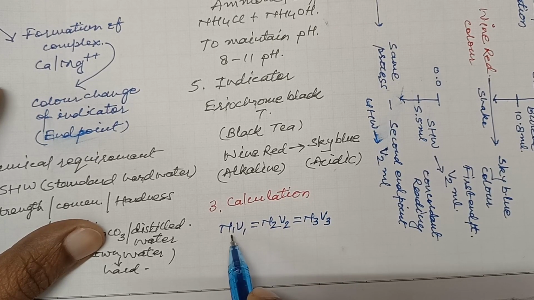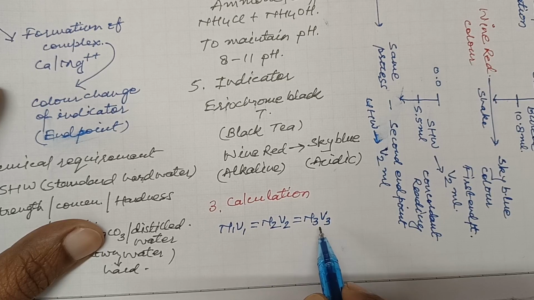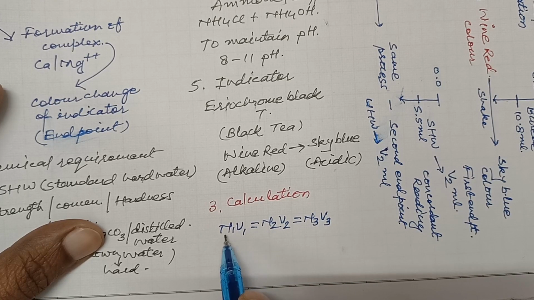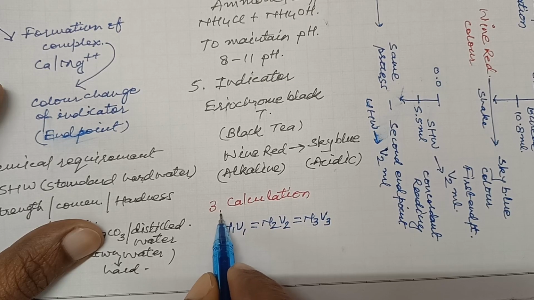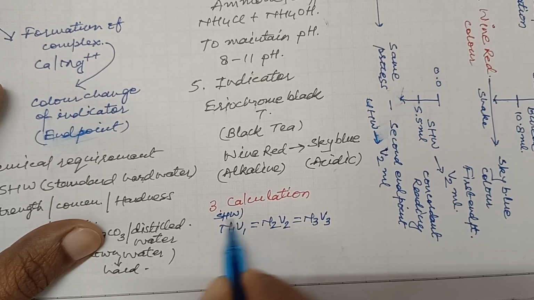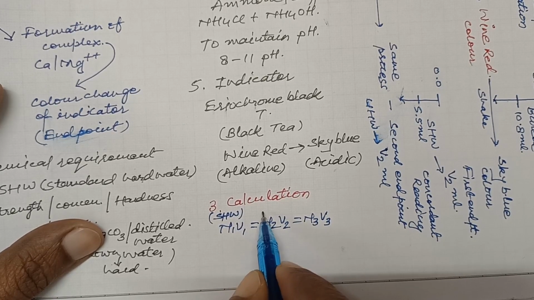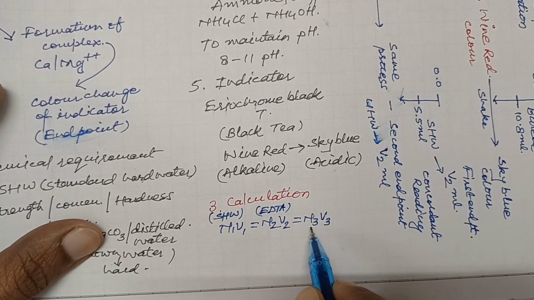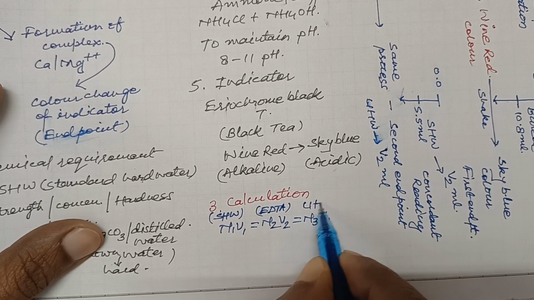This formula has simple meanings. N means normality, V means volume. This N1V1 is for standard hard water. This N2V2 is for EDTA. This N3V3 is for unknown hard water.